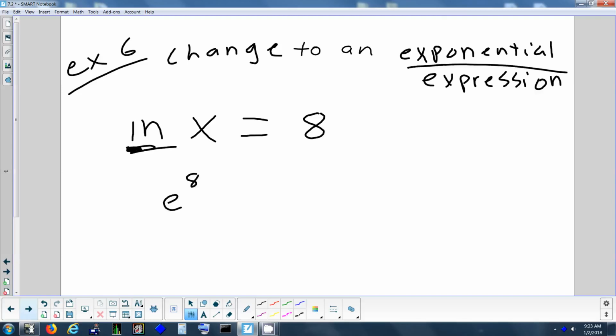So I'm taking the natural logarithm of x, and that equals 8. So now I've got my base. My log was equal to 8, that's my exponent. And that's it. So e to the 8 equals x. And now that's something I could type in on the calculator and get the answer if I wanted it. But the question didn't say to do that.